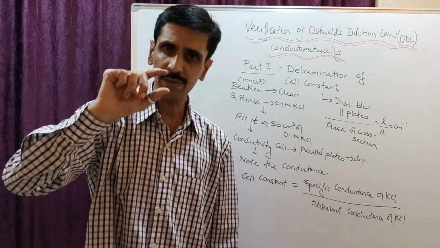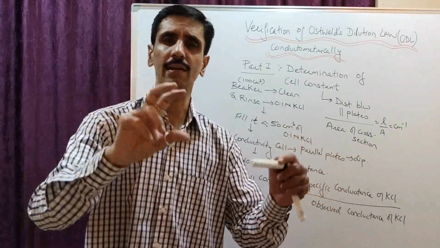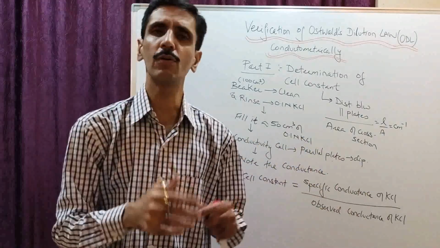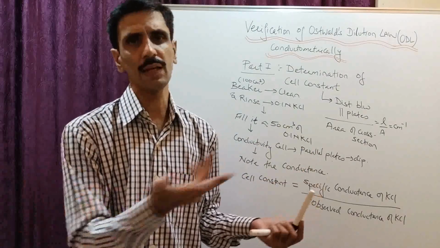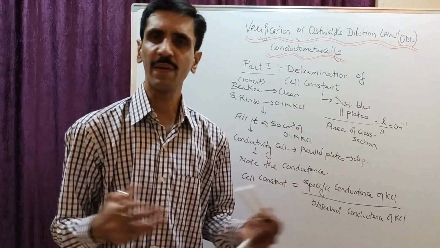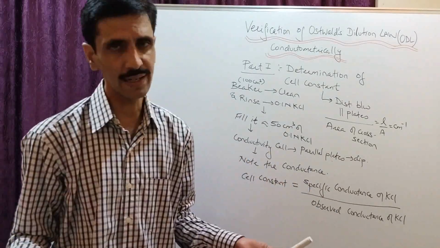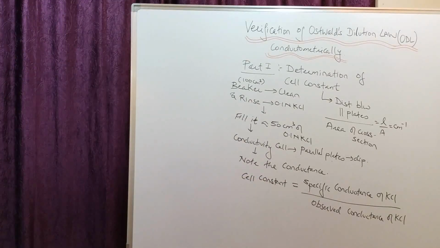The bottom part of the cell must be dipping into the solution. Then note down the reading, that is the observed conductance. Specific conductance is available from the literature, so you can put it down over here, and accordingly you can find out the cell constant.